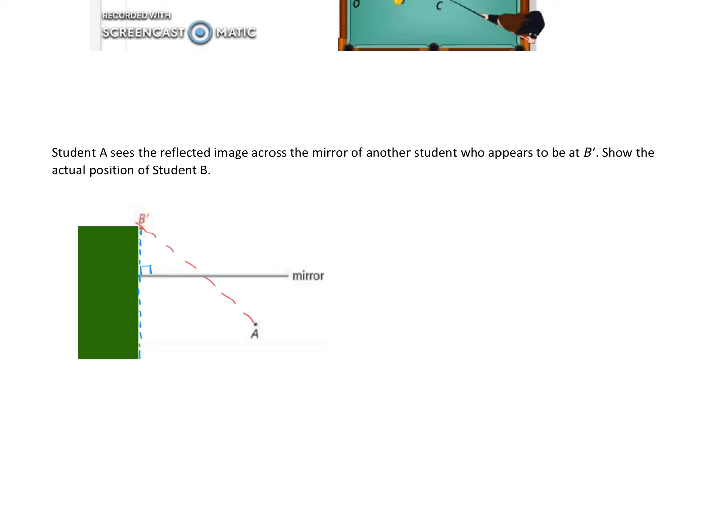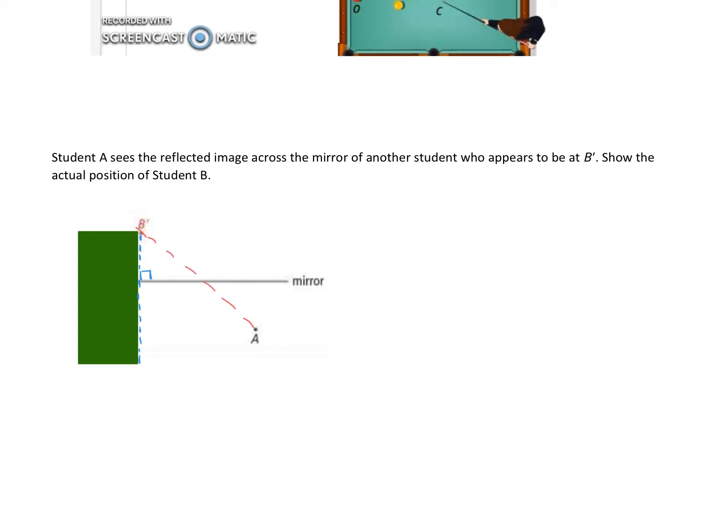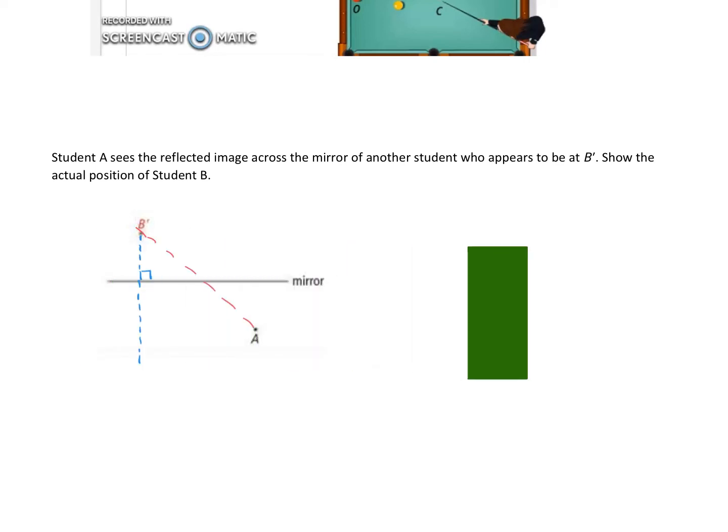Now I want to figure out where student B is. So student B is going to be the same distance away from the line of reflection, which is our mirror. However far away the reflected image is, that's where student B is going to be. I'm just going to use this little rectangle to help me do that.